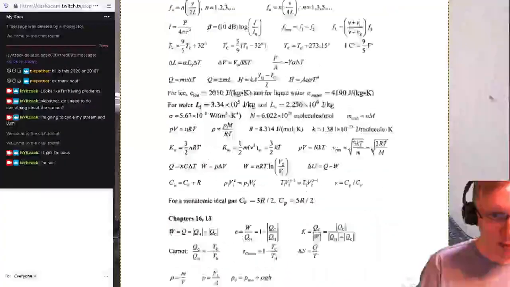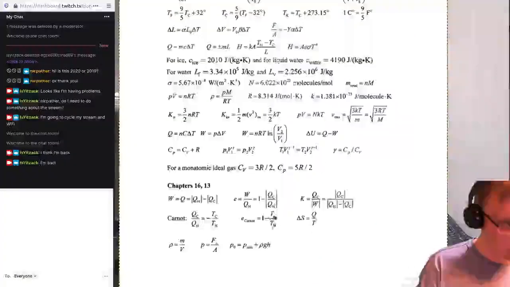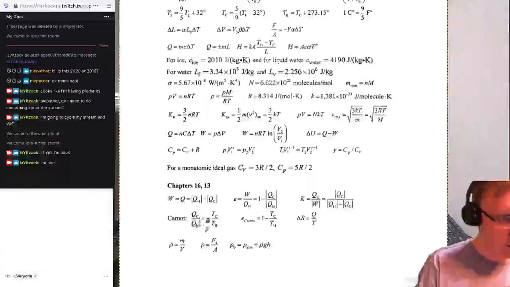Let's see if we can get the right page. We can get the cold, we can get that there. And then the work goes there. Okay. So we need to take the ratio of these here.